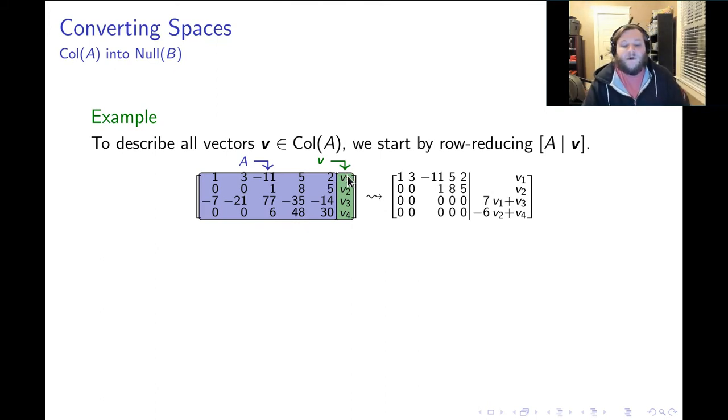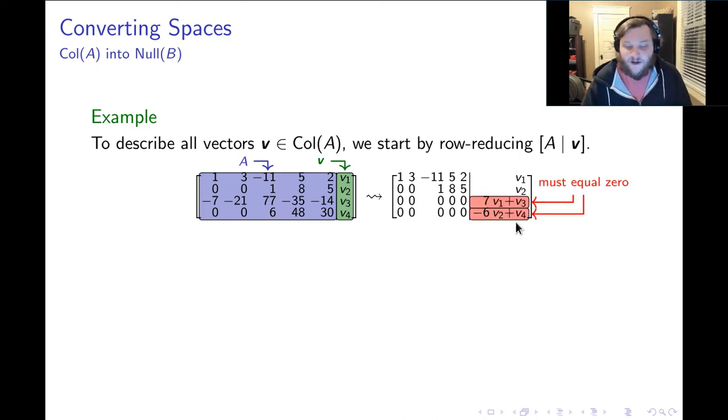What we would do is augment with a vector v1, v2, v3, v4, and row reduce and make sure that we don't have a pivot in the augmented column. Well, here what we find is that whether or not we have a pivot in the augmented column hinges on whether or not these 2 entries in the bottom right-hand corner of our reduced matrix equal 0.